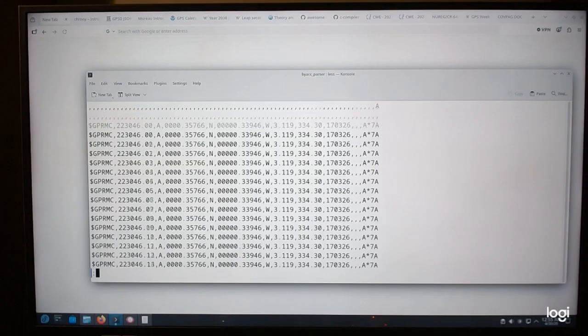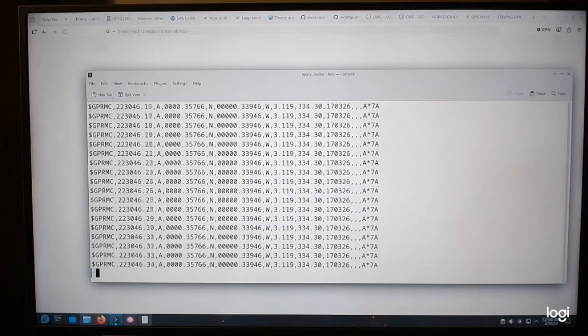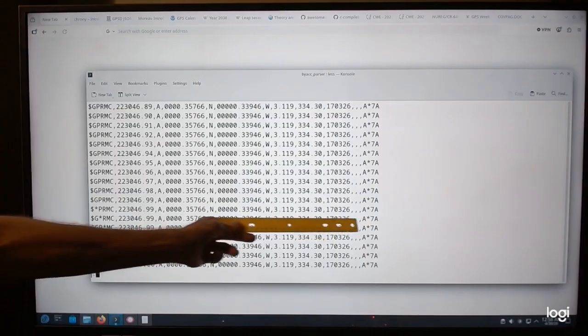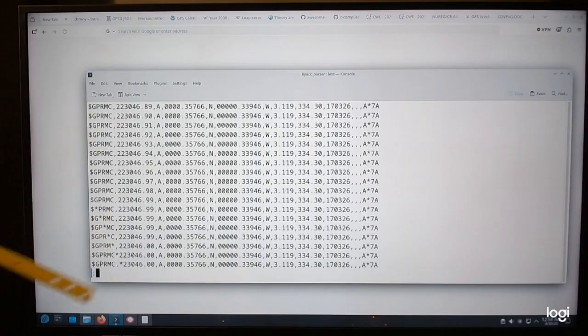And this one, I'm looking at the time and the seconds right here. I only want to accept up to the top of the second, so I test all the way to 99. Then I test the special character for the checksum, and start looking at the various checksums. And here's the dollar sign for the IDs.